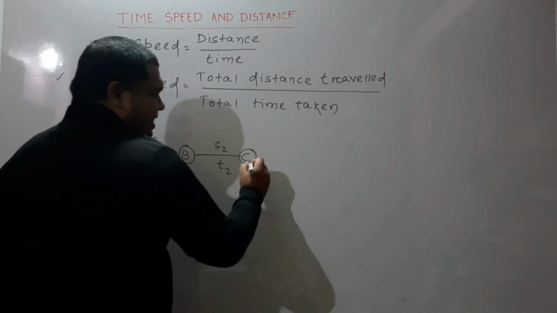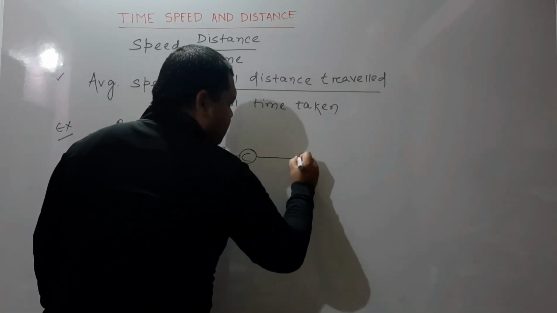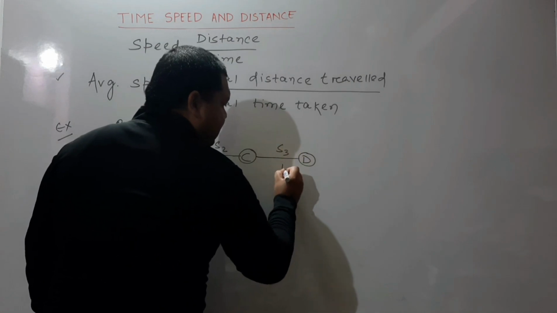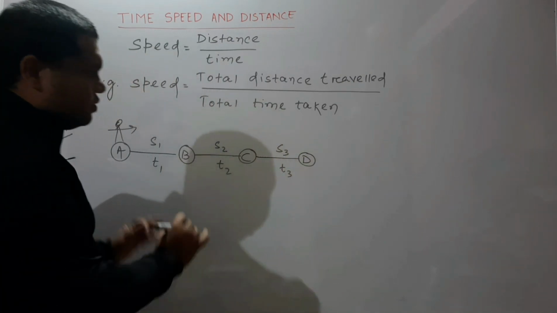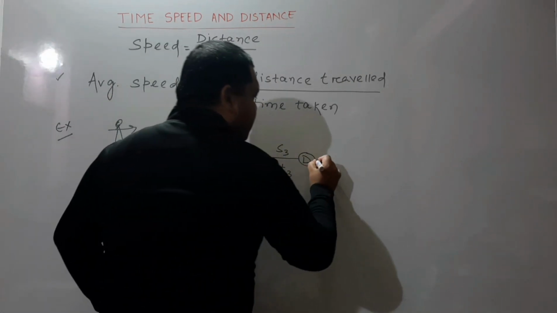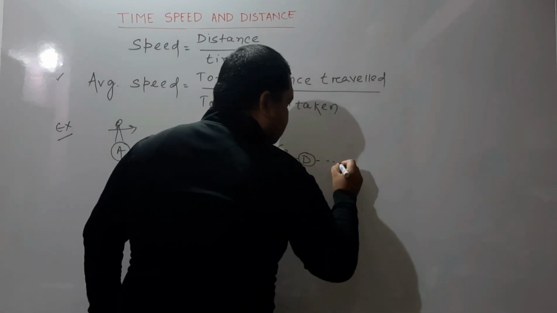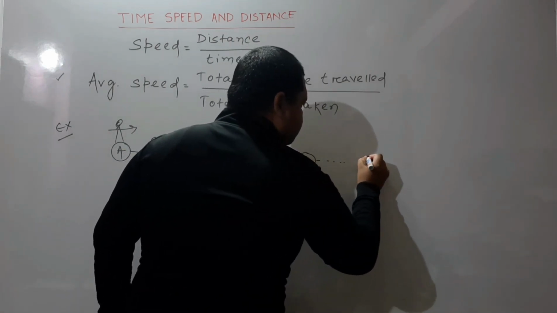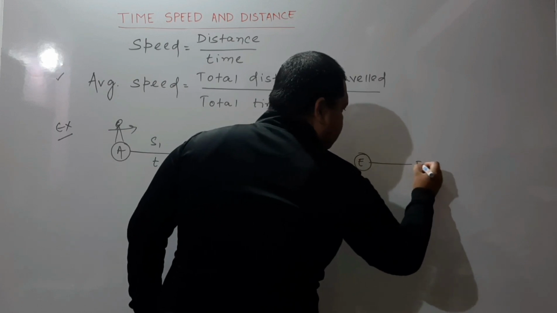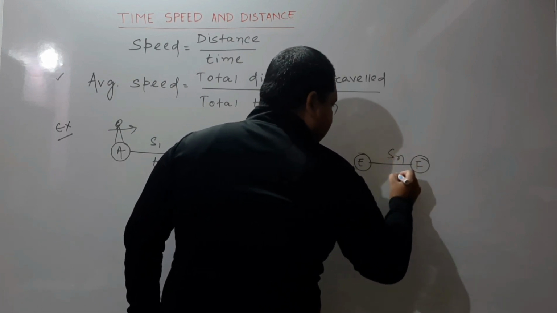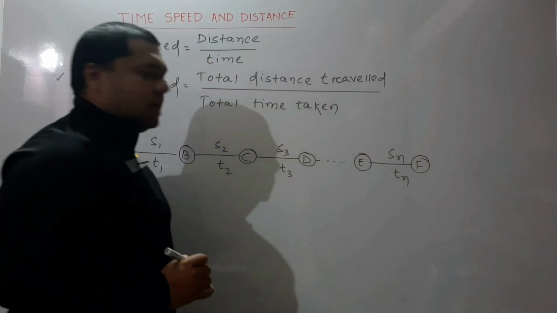And from C to D, let your speed be S3 and time taken T3. Suppose we calculate it for n number of segments. From E to F, let your speed be Sn and time taken Tn.